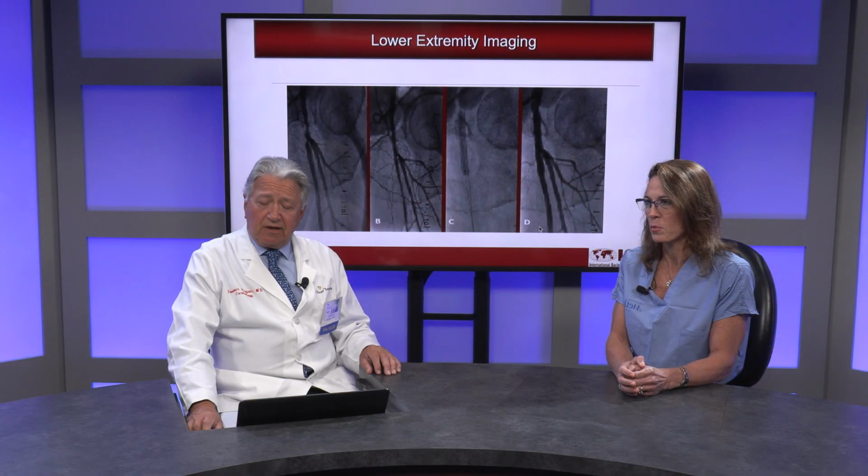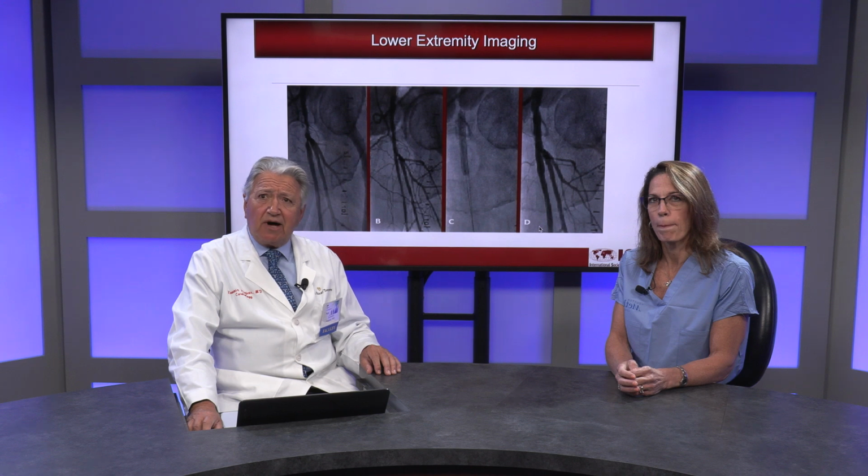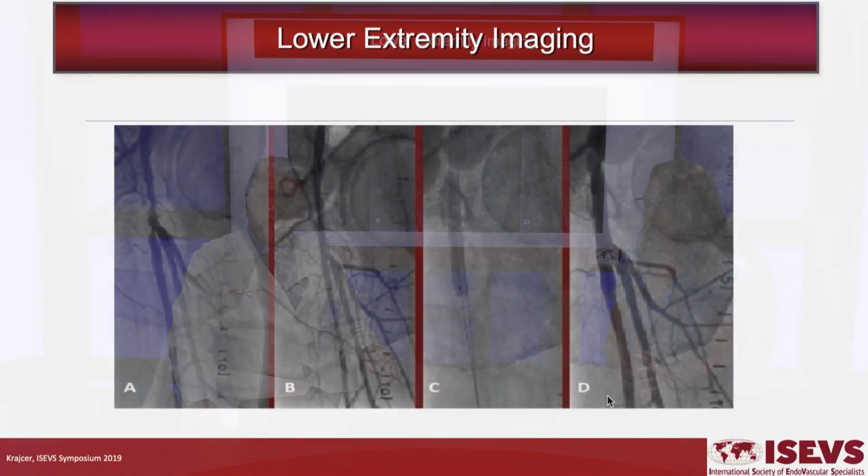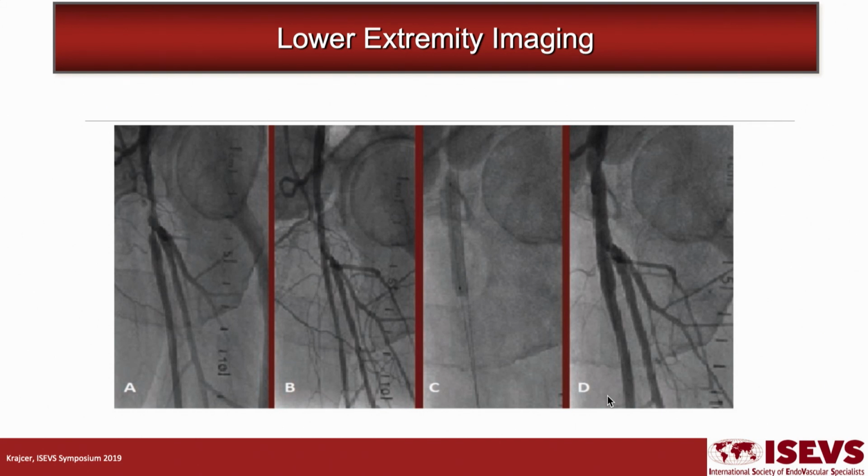So the next aspect as far as imaging is concerned is how to obtain optimal lower extremity imaging. And we can see here what is important again is to identify the anatomy and lesions clearly.